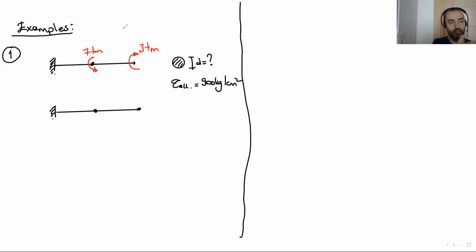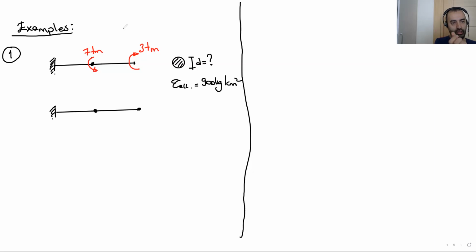Okay, let's have a look at the 7 ton meter moment first. 4 fingers follow the moment direction, and our thumb shows the vector direction. Okay, for 7 ton meter, if we use the right hand rule, we have to use our right hand, not left. 4 fingers show the moment direction, and the thumb shows the moment vector direction.